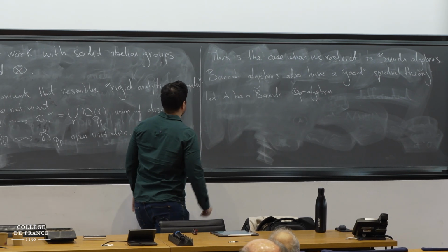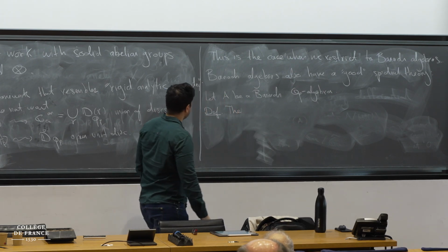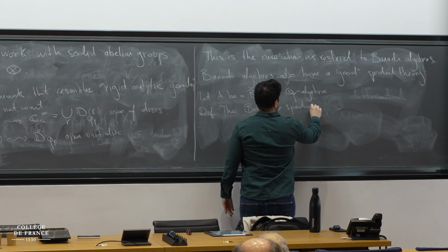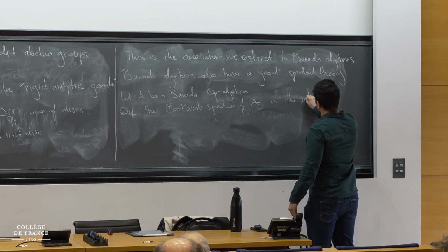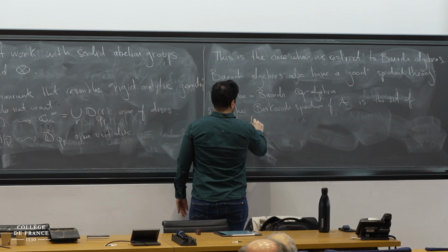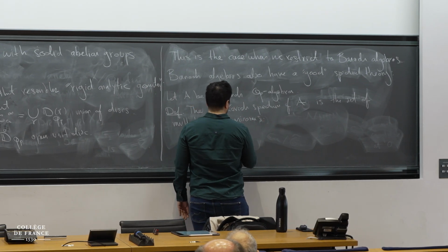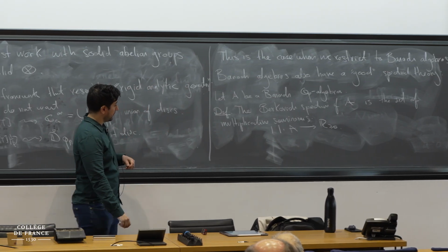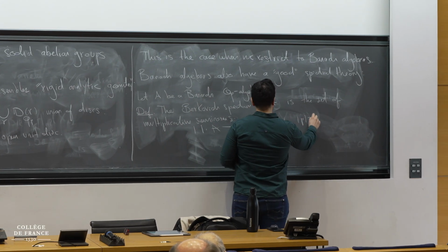We can define what is called the Berkovich spectrum of A. It is the set of multiplicative seminorms from A to the real numbers, which I'm going to normalize in such a way that the absolute value of p is p^{-1}.